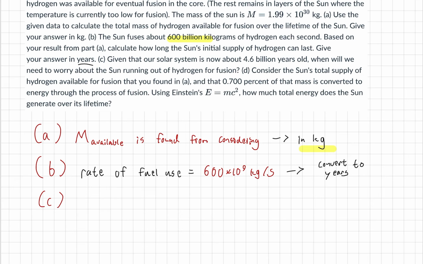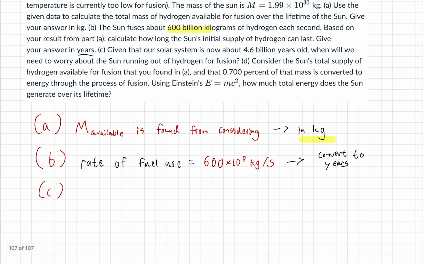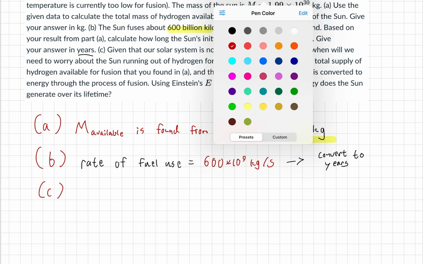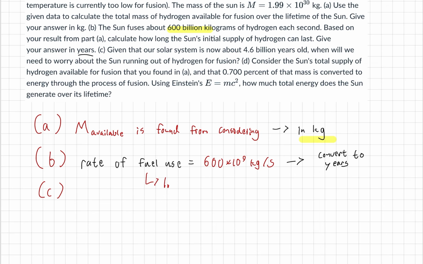So in part C, what are we doing? Now we're told that, given that our solar system is now about 4.6 billion years old, when will we need to worry about the sun running out of hydrogen for fuel? Well, you have a lifespan based on our rate and our available mass, because indeed, that is what you solved for in part B, the lifespan. So then what you should be able to figure out is, if you have the lifespan and we have the total age, how do we find out how much age is left?